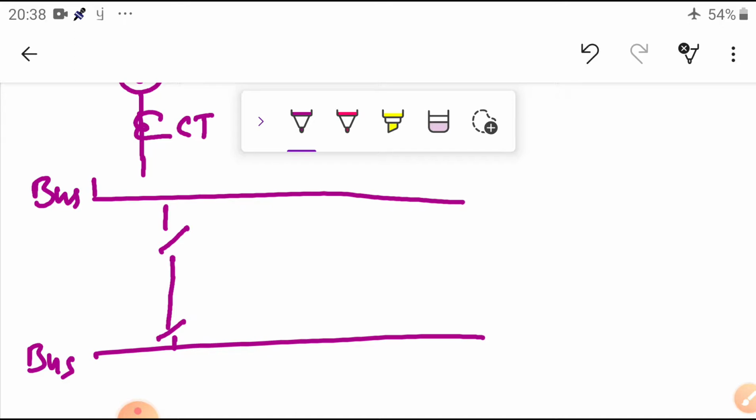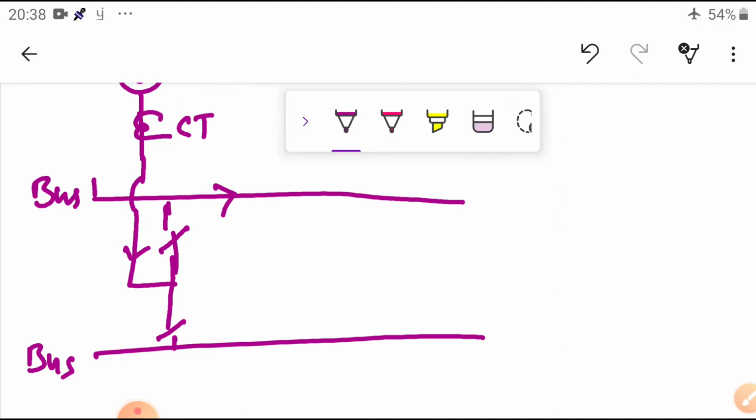Sometimes we can use breakers also. This is the common way. That means if I close this one, whatever current comes goes to bus 1. Okay, now after this, you can take another feeder.